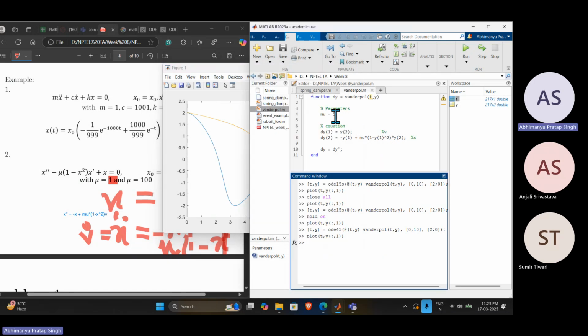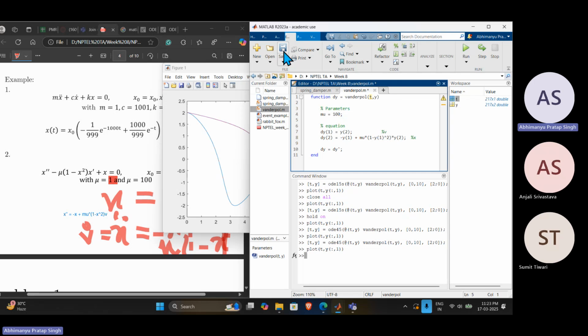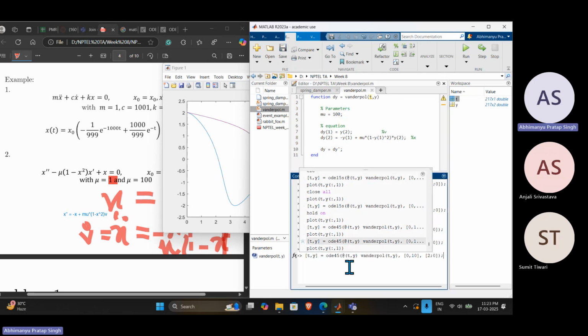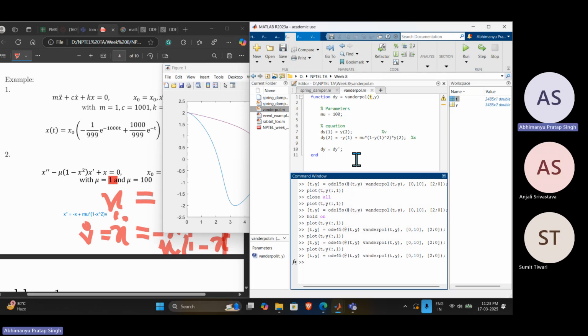Yeah. Now if I change this mu to 100 and solve the same thing, it still solves in 217 steps. But it does not update. Okay, I need to save this. Now I run this again. So now for mu equal to 100, it has taken close to 3500 time steps.